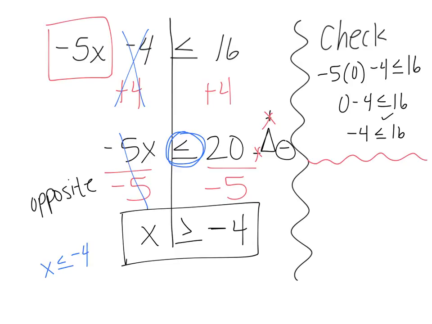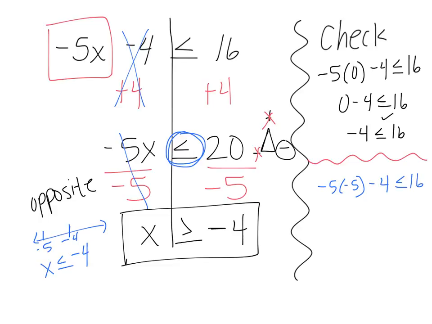I need a number that's less than negative 4, so I'm going to say negative 5. Remember, negative 5 is more to the left than negative 4 on our number line. So everywhere I see an x, I'm going to put negative 5, minus 4 is less than or equal to 16.